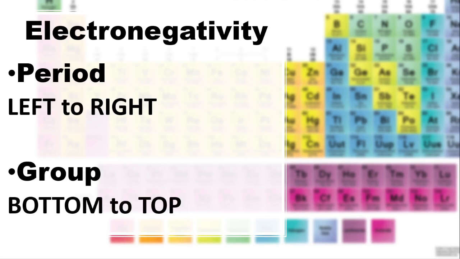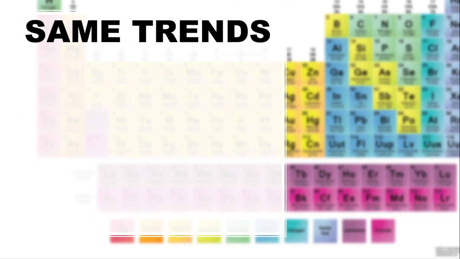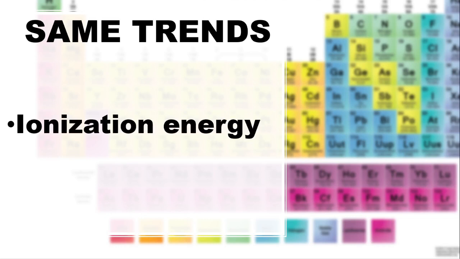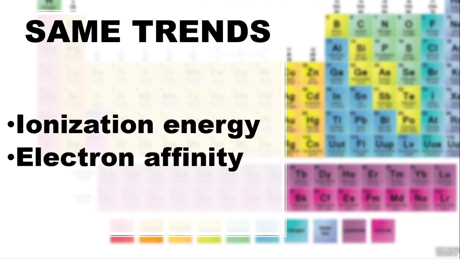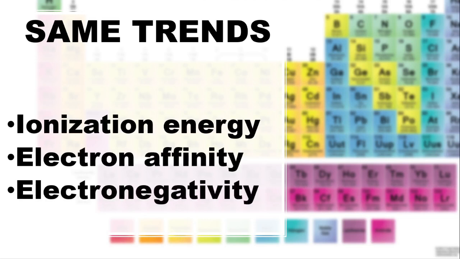Now, those are the different trends in the periodic table. Now, there are some periodic trends that have the same pattern, and these are ionization energy, electron affinity, and electronegativity.